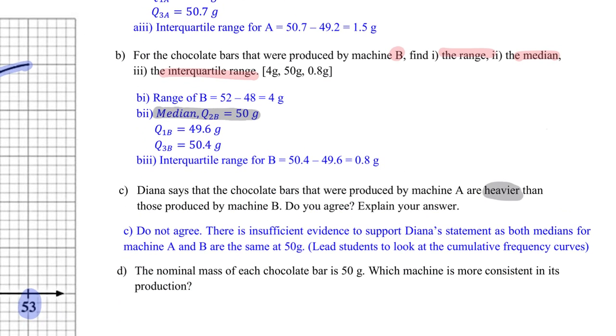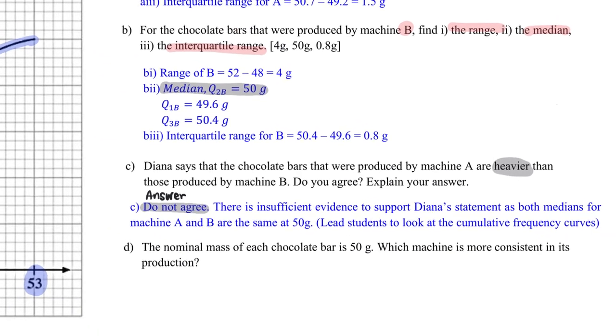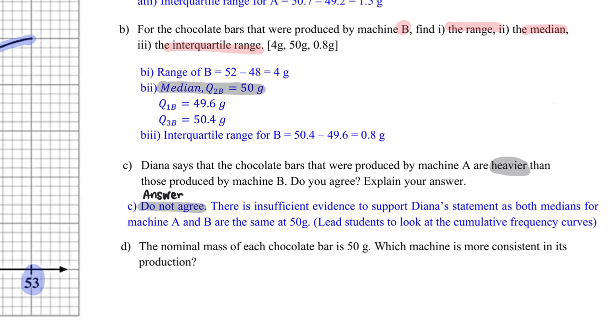And now let's talk about the presentation. Okay? First of all, we need to answer the question. So in this case, the answer is do not agree. Secondly, we need to have some form of comparison of the correct measure. So in this case, the median is the same. So this one is the comparison.